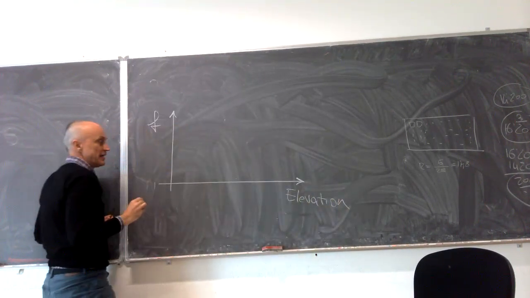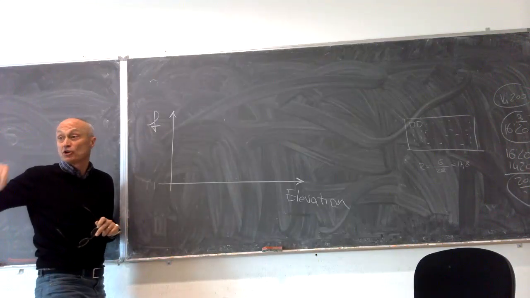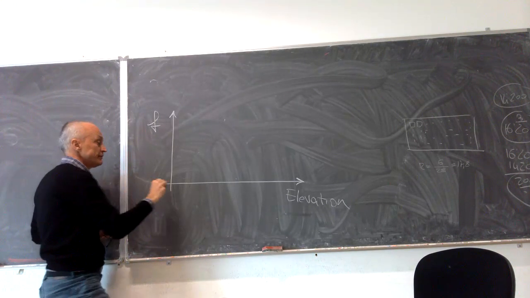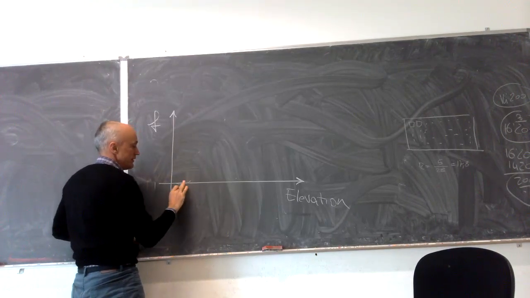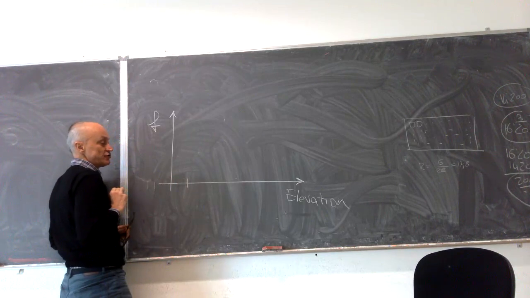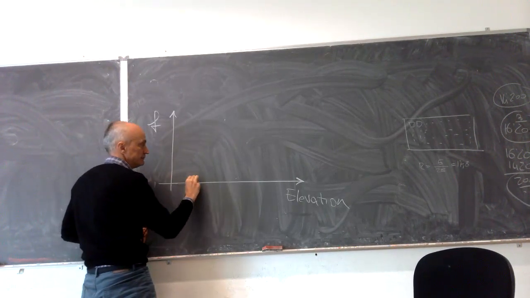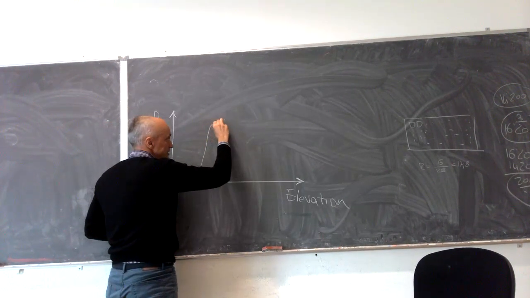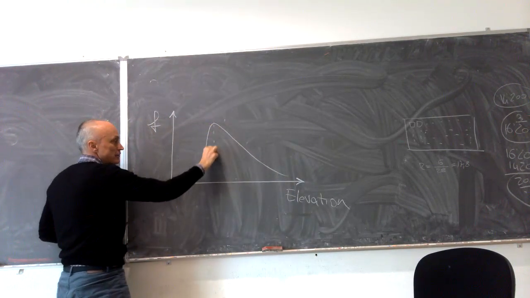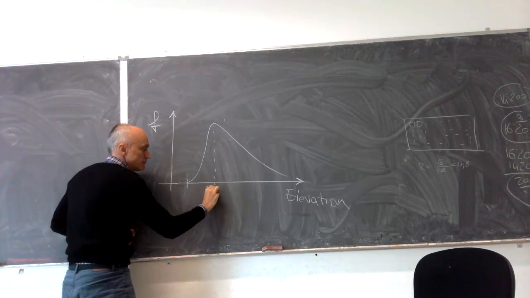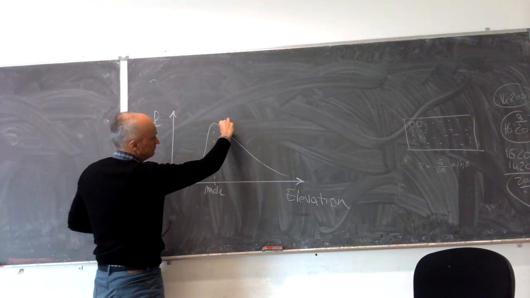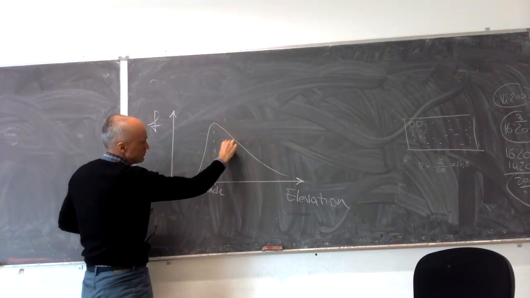And then the distribution is something like this, so that you have the mode. Then you have here, what do you think? Something like this. The median. And this is 50% of the observations. And then the mean is here.